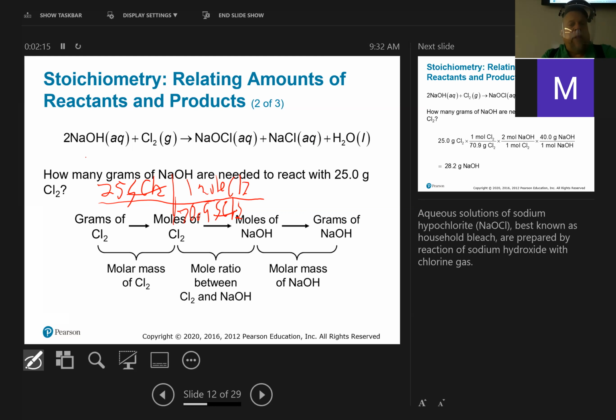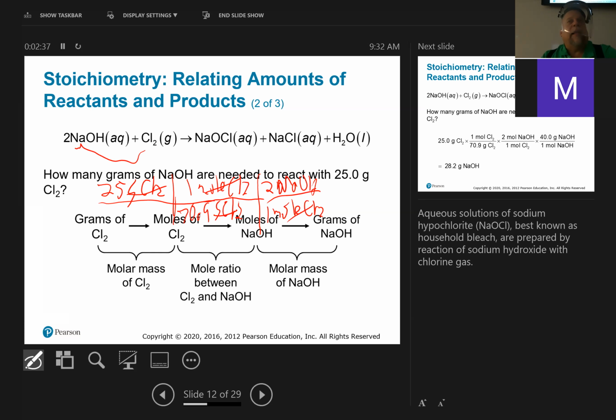It's given there. How many moles of chlorine with 2 moles of that? So 1 mole of chlorine requires 2 moles of sodium hydroxide, correct? Does everybody see that? I got it from this and that. Okay? So moles of chlorine cancel.